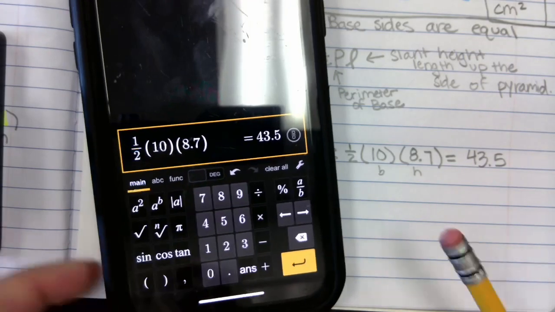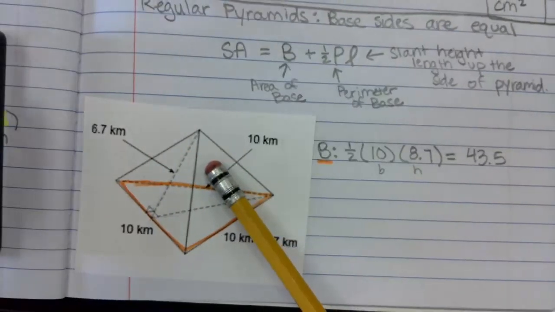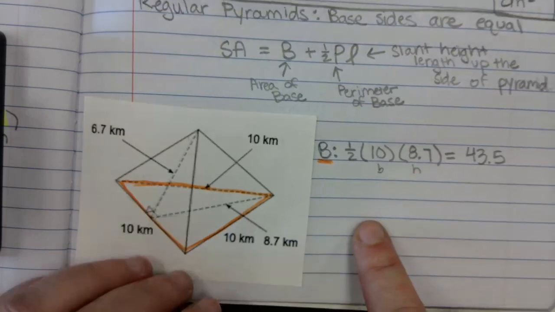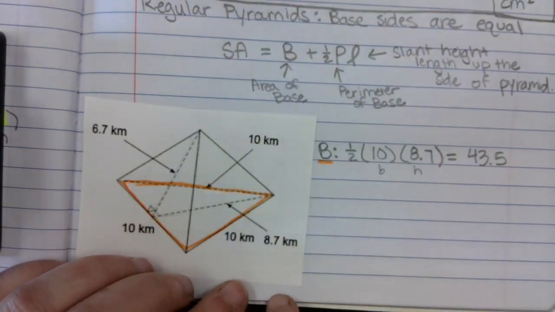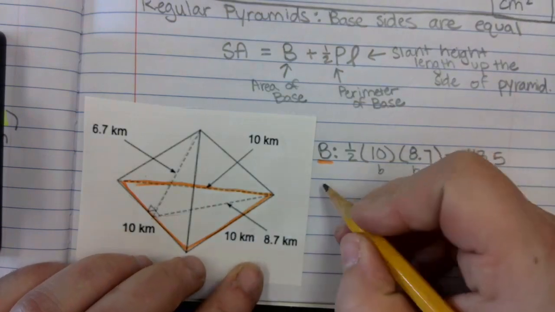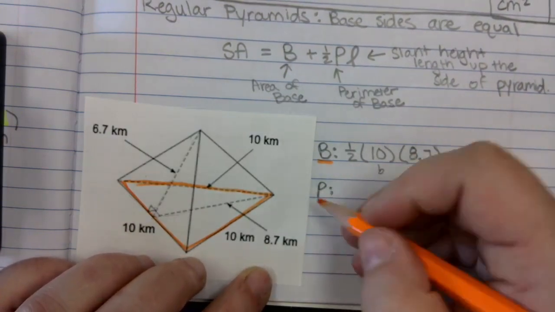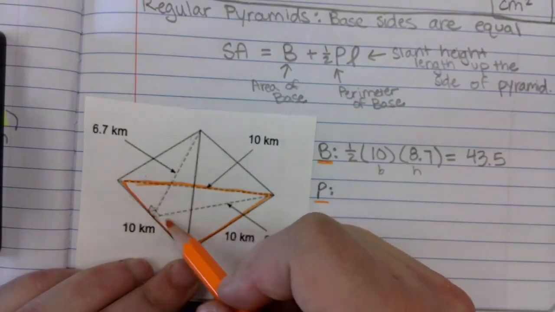All right, now for our formula, there's two more things. We could find the area of just the side triangle and then think about how many triangles there are and add them together like we did in the last one. But again, we can do it a little bit more simply by just finding the perimeter and our slant height. So perimeter is of our base. We're looking at around that triangle on the bottom. What are the sides of our triangle here?